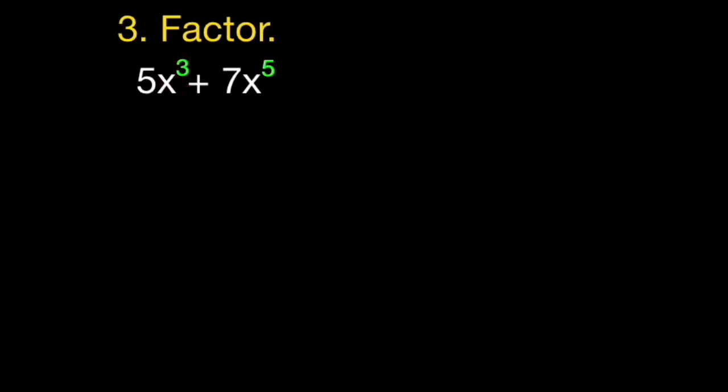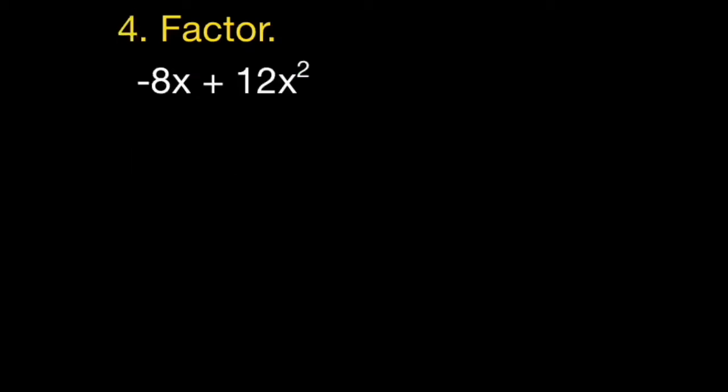So here I'm going to factor out the x to the 3rd power, leaving me with a 5 plus a 7, and now we subtract 5 minus 3, leaving us with 2 copies of x, or x to the 2nd power.